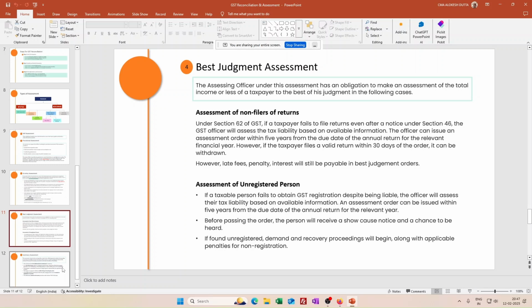I have faced a lot of cases after 2-3 years. A person has come, saying, sir, I have taken the GST registration, but I did not do any business. But now the GST department is sending me a notice and claiming 5 lakhs, 10 lakhs, 20 lakhs. First, he has made a mistake by not filing the return properly.